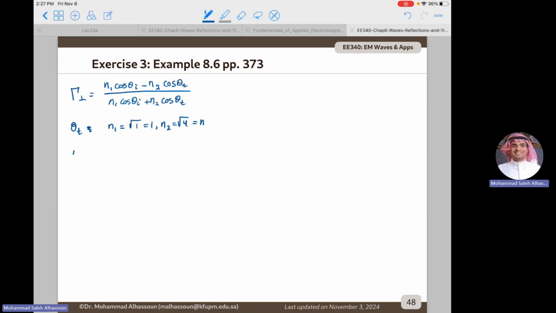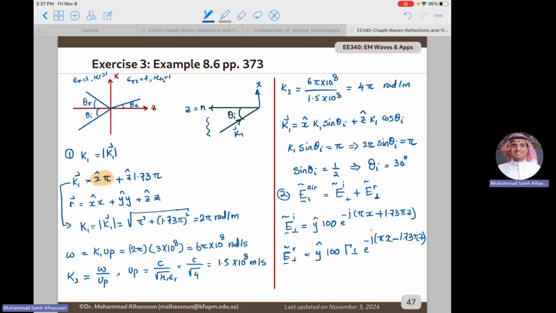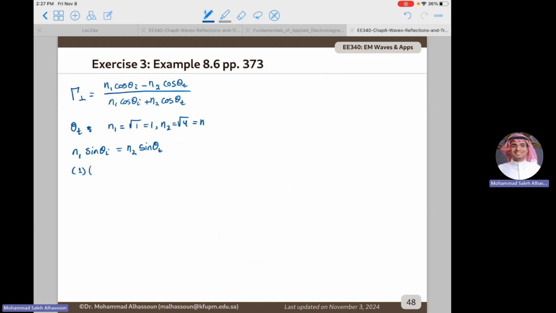And from Snell's law, we know that N1 sine theta i equals N2 sine theta t. So 1 times sine theta i is nothing but the quantity that we computed here, which is 1/2. And 2 is 2 sine theta t.